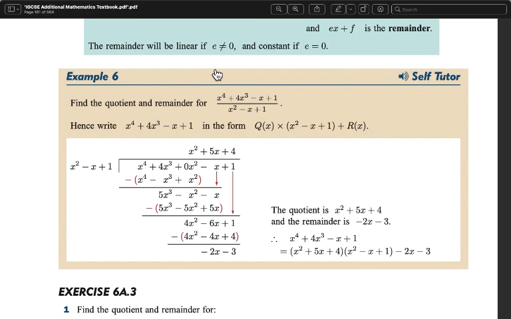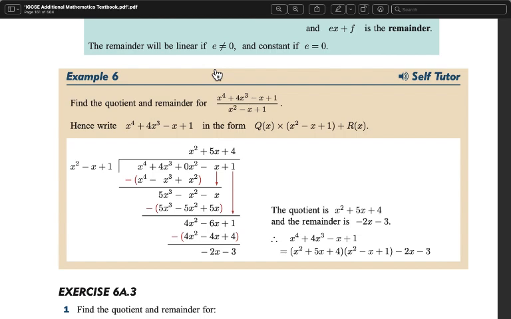So the first term of the quotient will be x². Using the highest power quotient to multiply each term in the divisor, x² times x² is x⁴. x² times minus x is minus x³, and x² times 1 is x². Undergoing subtraction for terms, 4x³ minus negative x³ is going to be 4x³ plus x³, which will equal 5x³.